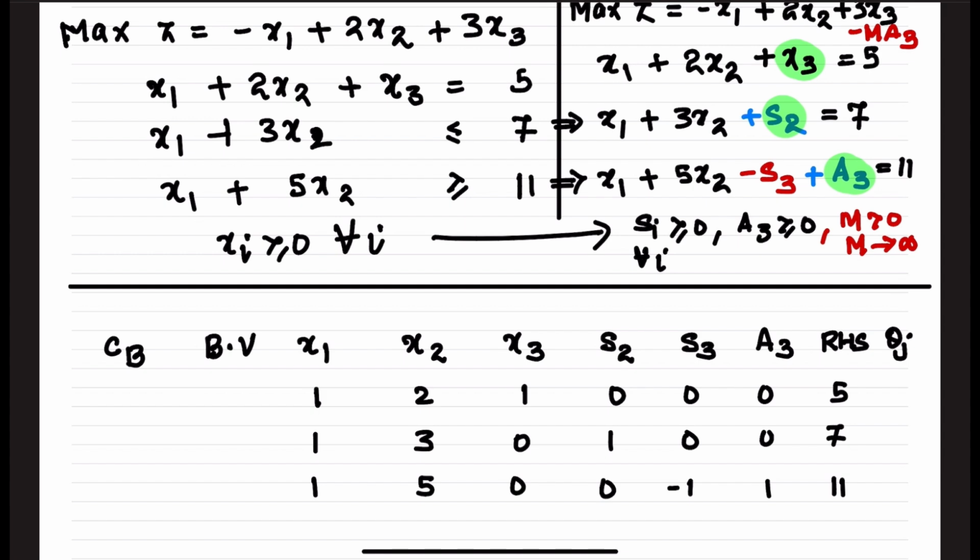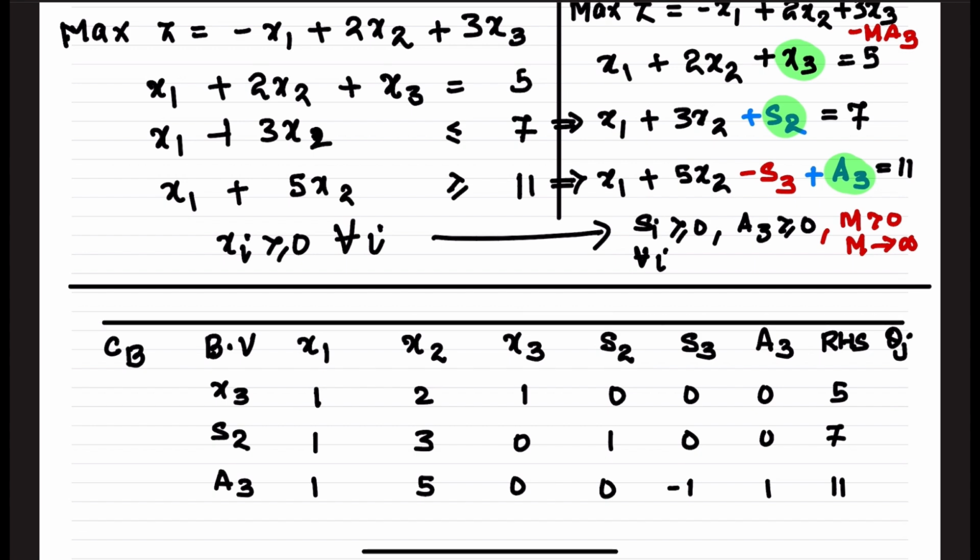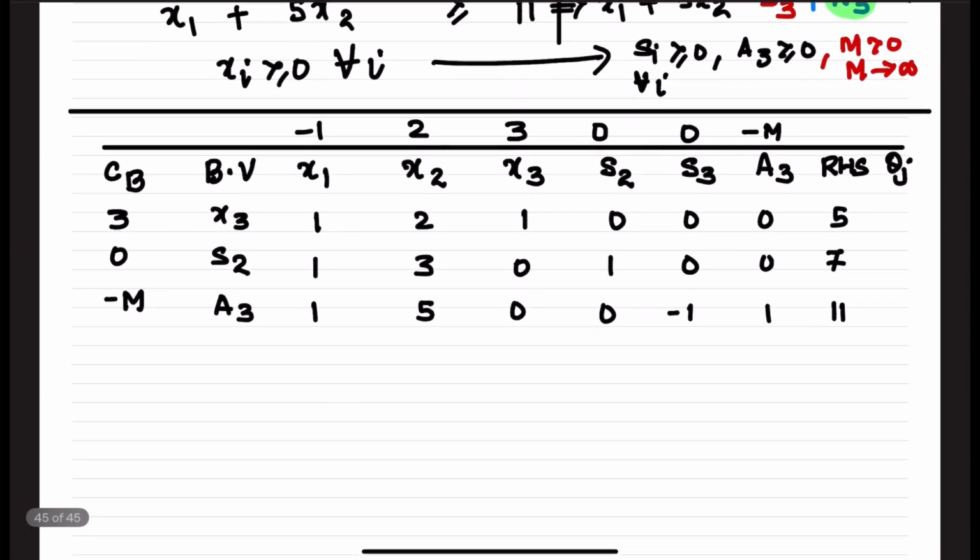Basic variable is x3, then S2, then A3. Above we write minus 1, 2, 3, 0, 0, minus M. So x3's is 3, 0, minus M.